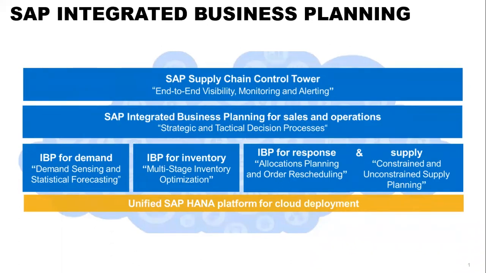How accurate are my forecast results? We have different error methods: MAD, MAPE, MSE, RMSE, the total error, whatever. With the help of that, you can finalize any one of the forecast models to generate your forecast. All those functionalities are available in IBP for demand.